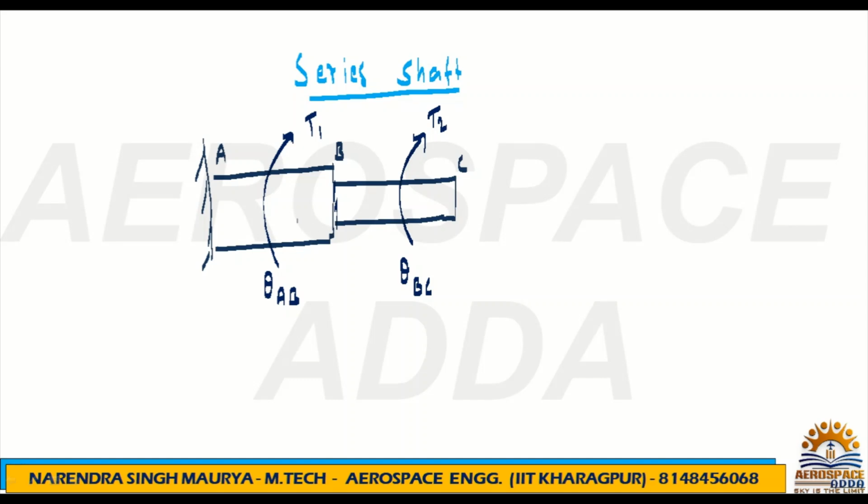So whatever torque you apply at end C, the same torque will be shared to end B and also to end A, because all points where the shafts are connected to each other are fixed. We are not having any slip. So easily we can say all the torques are the same in case of the series connection. T1 is equal to T2 is equal to T. That is point one.